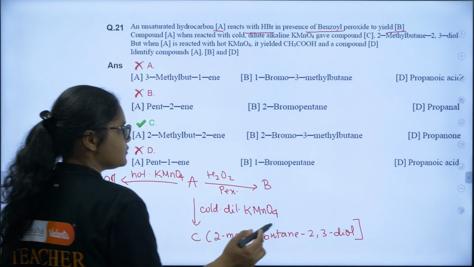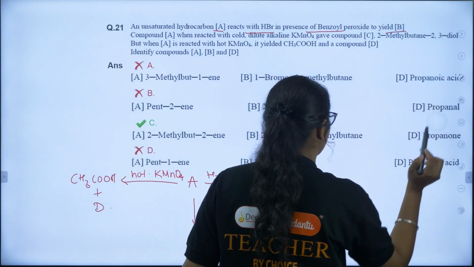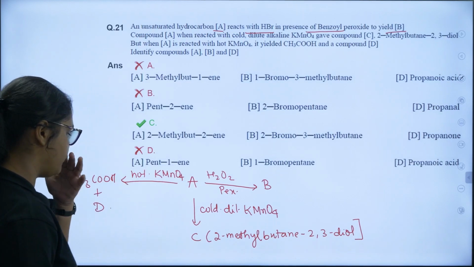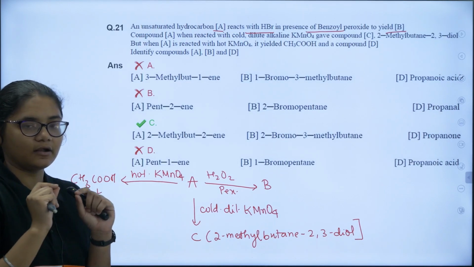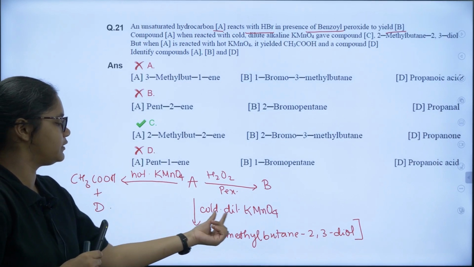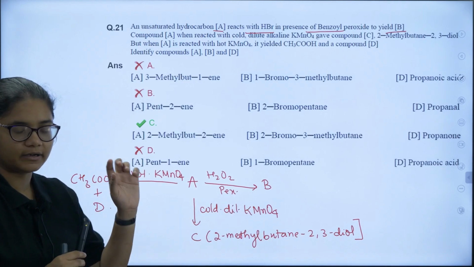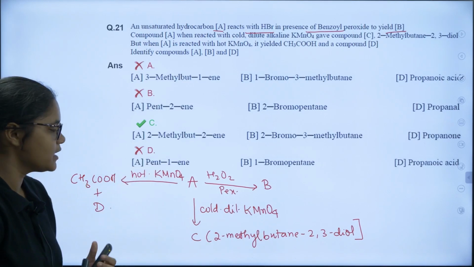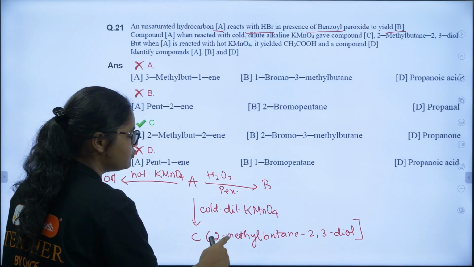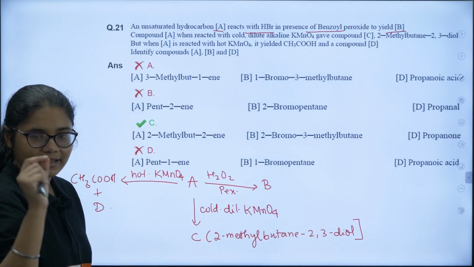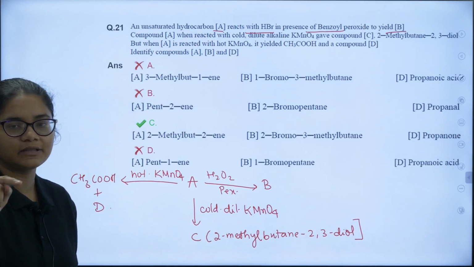Okay, so let us solve this now. If any double bond is there and you treat it with dilute KMnO4, the double bond is replaced with a diol group. So if I have 2-methyl butane-2,3-diol, where this 2,3-diol has come, there must be a double bond.